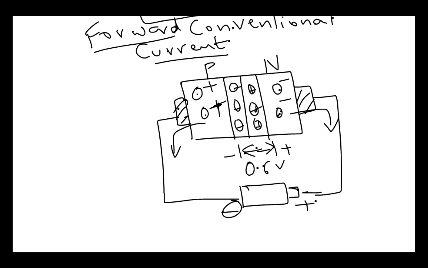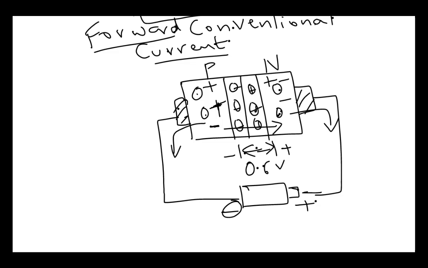So what does this mean? This means that the barrier becomes wide for any majority charge carrier to cross over, while minority carriers can cross over due to strong pull from the battery. The minority carriers here are negative charges and they get pushed towards this side, while the minority carriers here are positive charges.